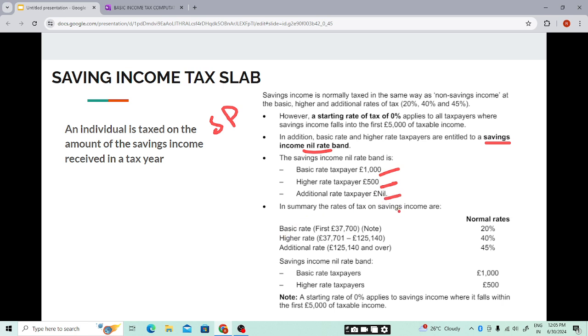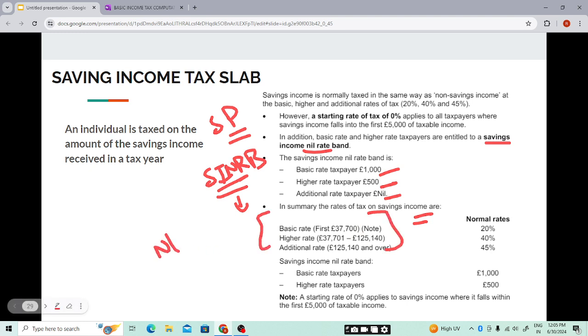In summary, the rates of tax on saving income: first you will be doing the special rule. After the special rule, you will be seeing the saving income nil rate band. After the nil rate band, the excess amount will be taxed the same way as the non-saving income, that is within the basic rate limit, first 37,700 at 20%, higher rate 37,701 to 125,140 pounds will be taxed at 40%, additional above 125,140 will be taxed at 45%.